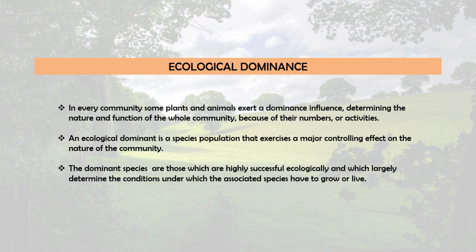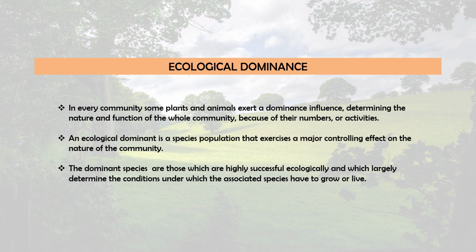And they are generally called ecological dominants. And an ecological dominant may be defined as a species population that exercises a major controlling effect on the nature of the community.